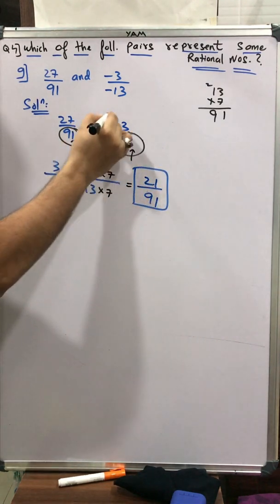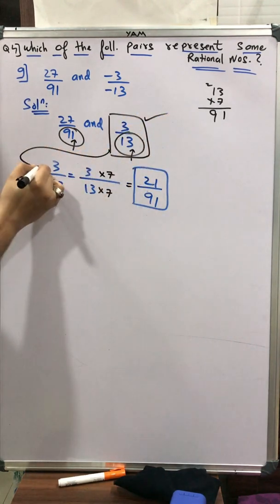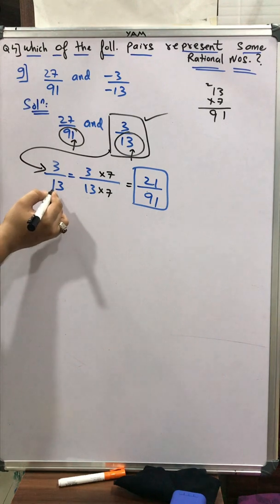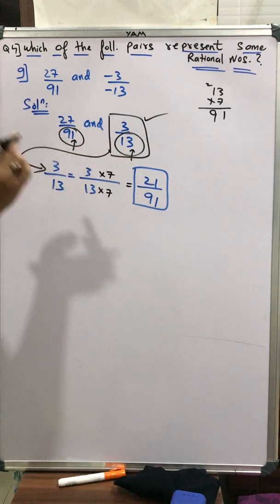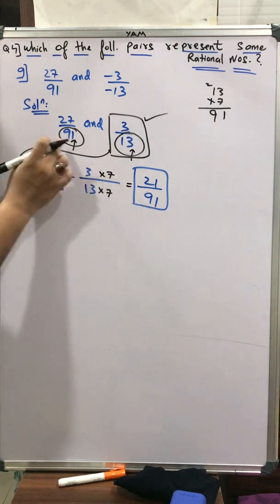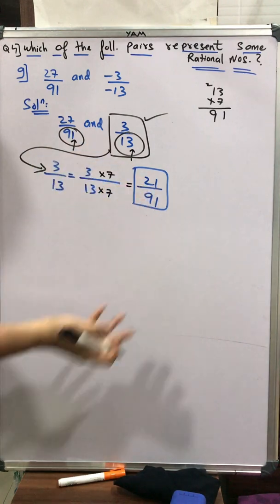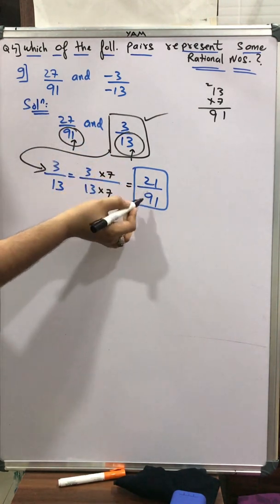Students, please pay attention. I started my question with this second fraction 3 upon 13. I wrote it here, 3 upon 13, and I converted its denominator 13 to the same as my first fraction, 91. But when I did so, I got 91 in the denominator, but the numerator changed. Here it is 27 upon 91, here it is 21 upon 91.